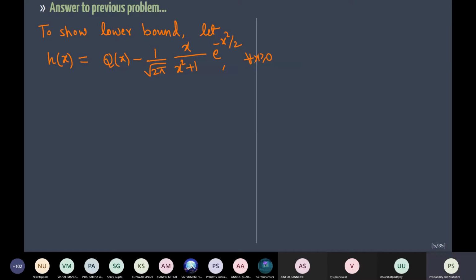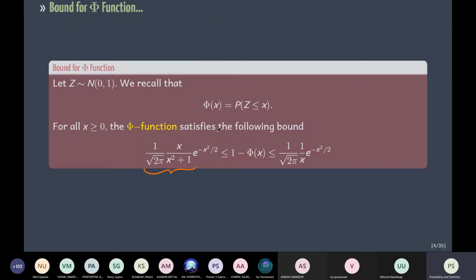And what is Q(x), I have not defined, right? So Q(x) is 1 minus phi(x).